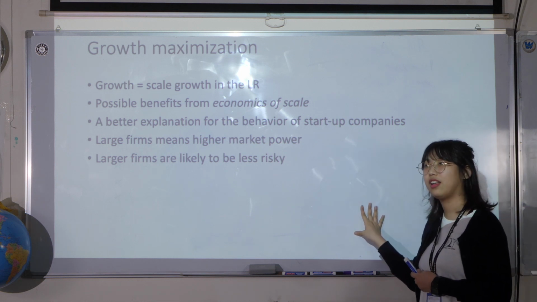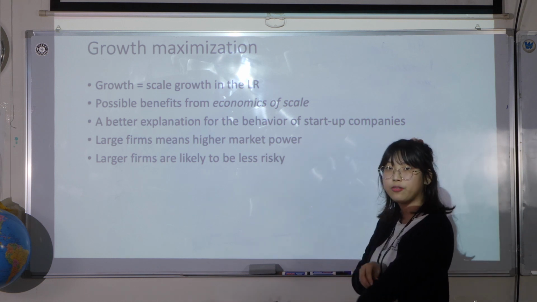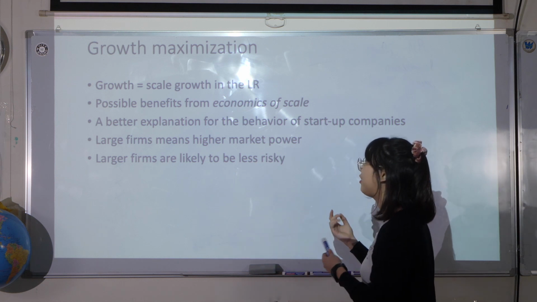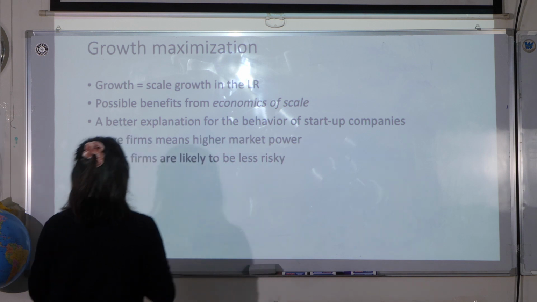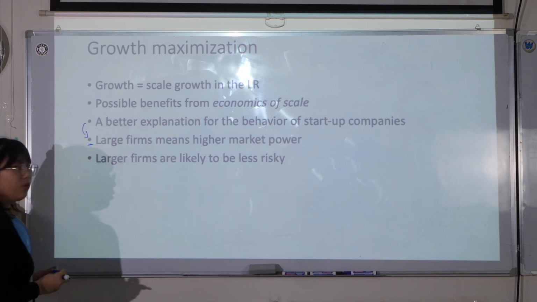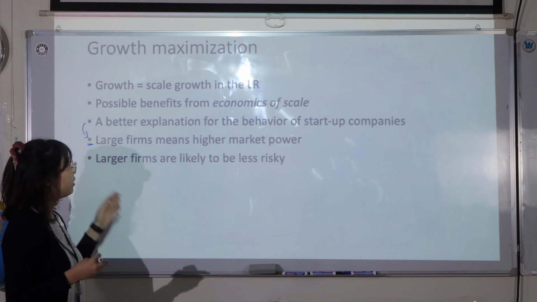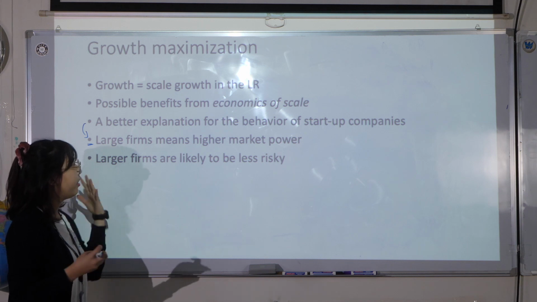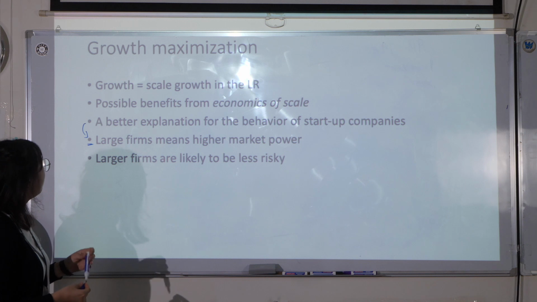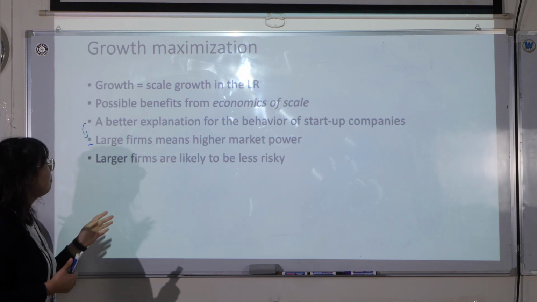For industries or companies, it may be better for them to enlarge their firm first before they can take any actions. This is highly linked with this point. When their market or the company is bigger, their ability to have more market power is more possible. So this growth maximization would largely help them.